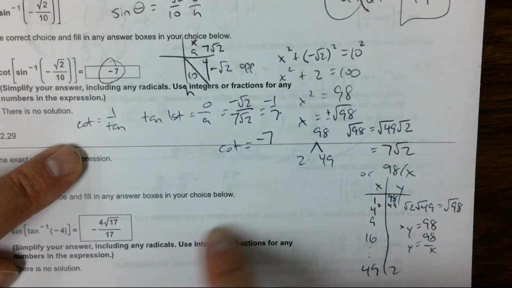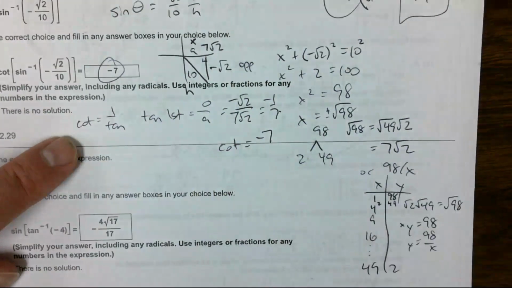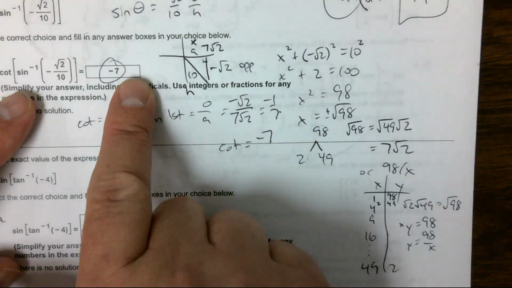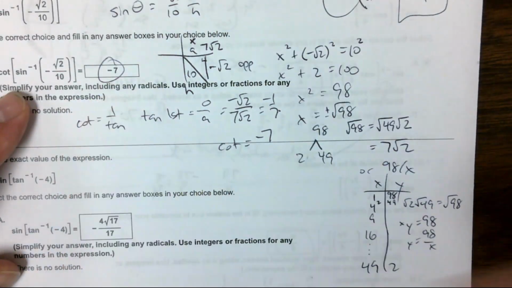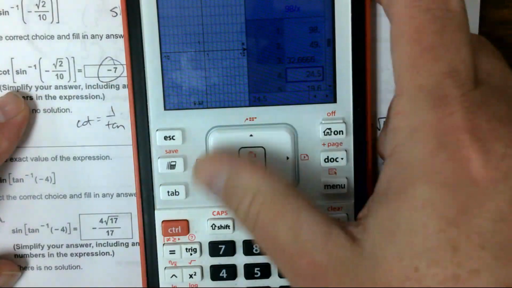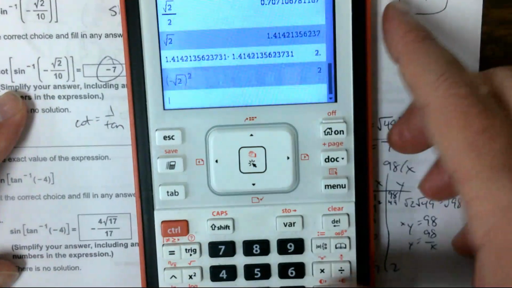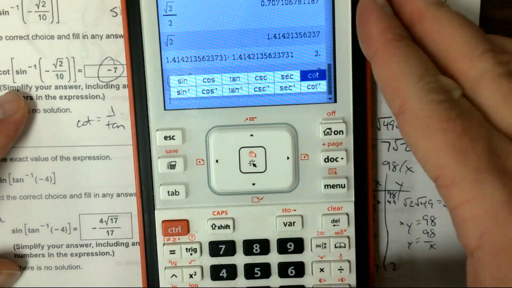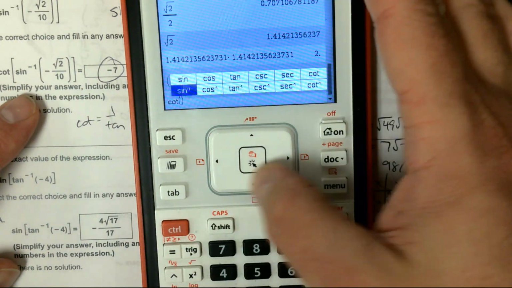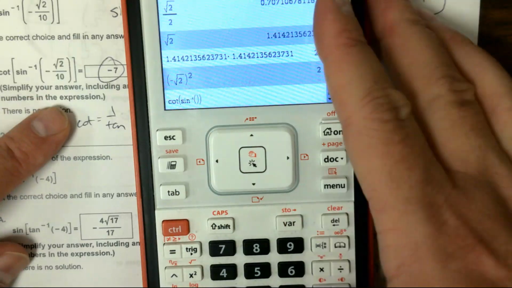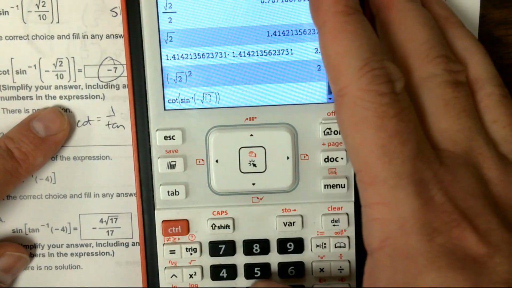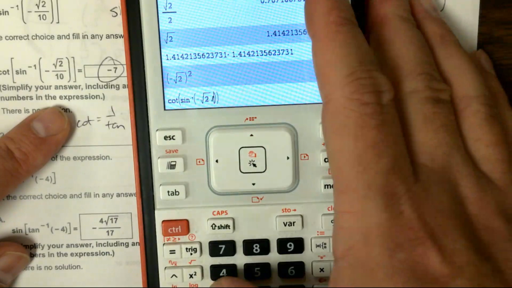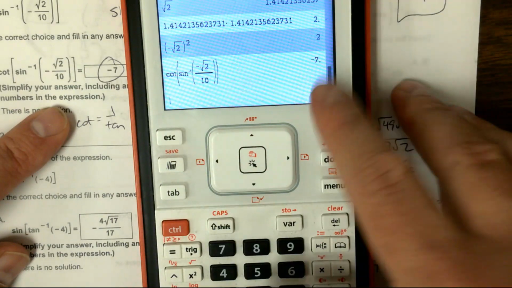So that's how you're supposed to do it. Now, as you can see, if you already have the answer printed, if you went to the calculate part and did cotangent of inverse sine of negative square root of 2 over 10, then it gives you negative 7.